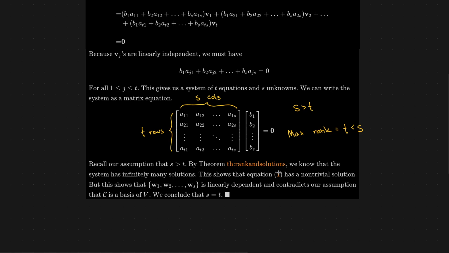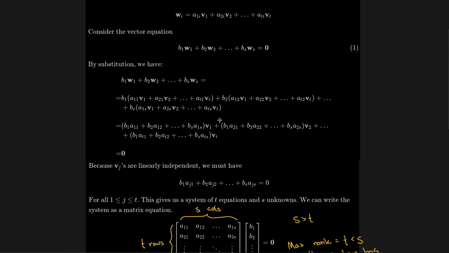And that means if our rank is less than the number of columns, we have free variables and infinitely many solutions. Okay? And so this shows that this equation here also has a non-trivial solution.